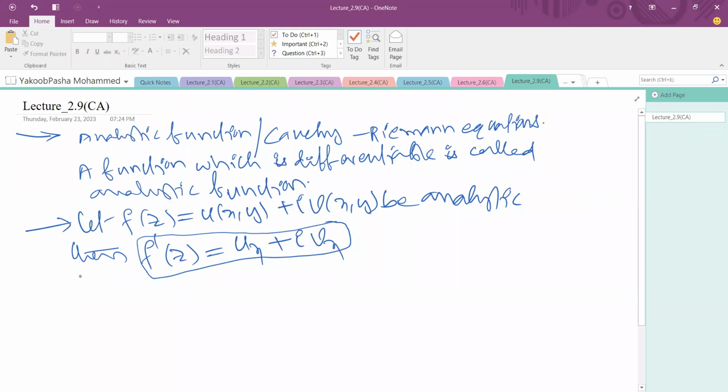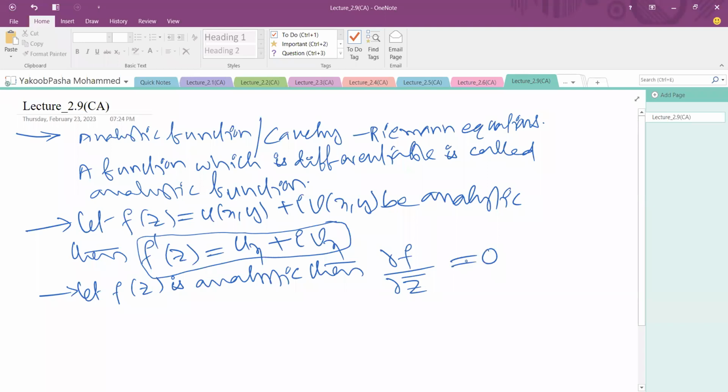Whenever f of z is an analytic function, let f of z be analytic, then the partial derivative of f with respect to z bar is 0.